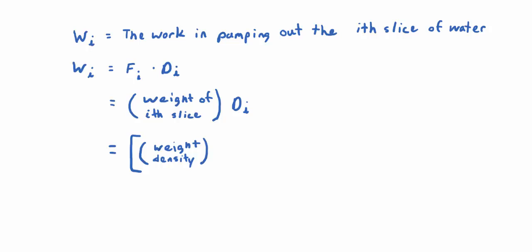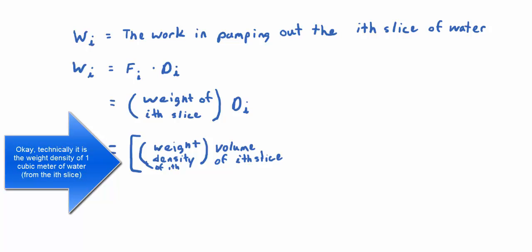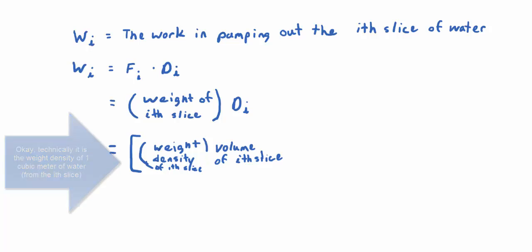Right? But that would just be of 1 cubic unit. So you'd have to multiply that. To get the total weight, you'd have to multiply that times the volume of the ice slice. So this would be the weight density of the ice slice, if you like, and the volume of the ice slice.